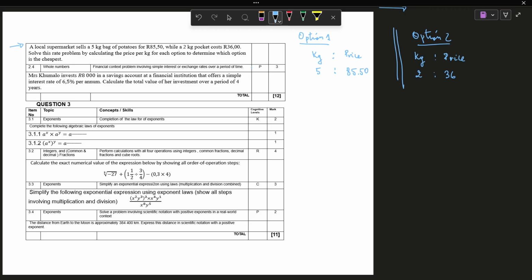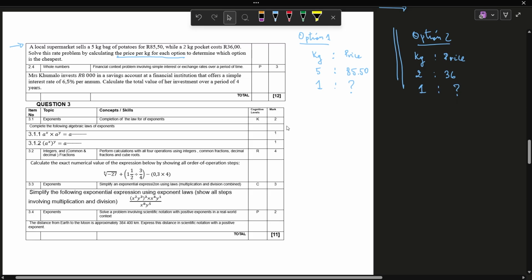The hint says by calculating the price per kilogram for each option. So what we should derive now is, when we have 1 here, what will be the price? For each kilogram, what is the price? Okay? So that's what will enable us to know where we have the better deal.